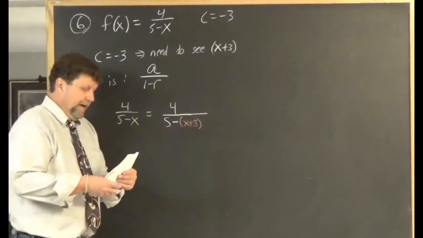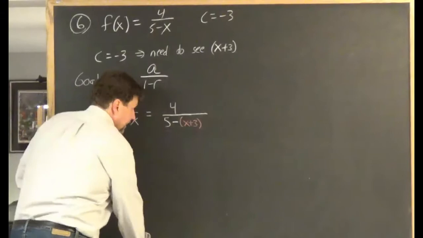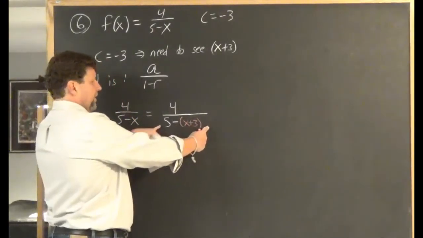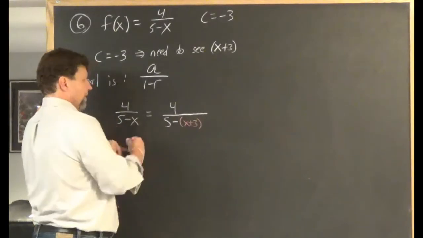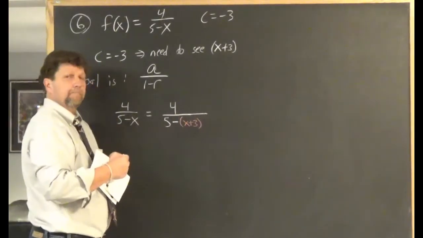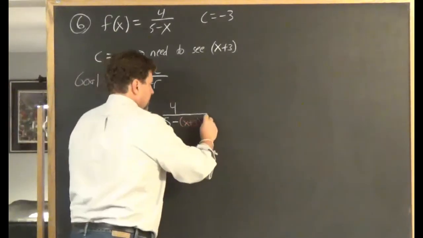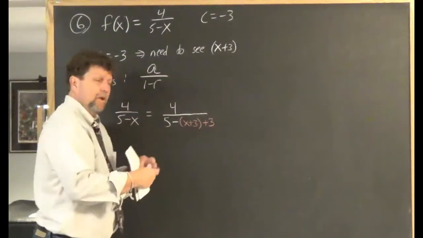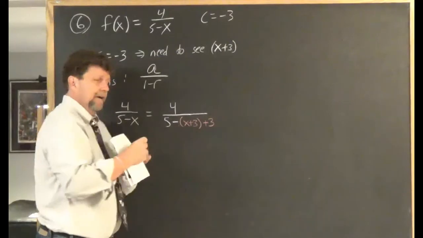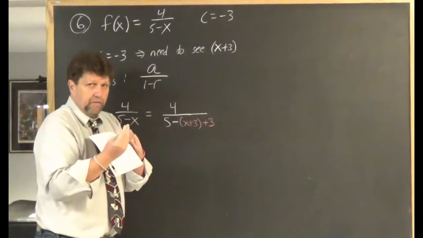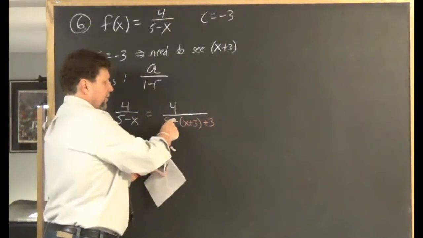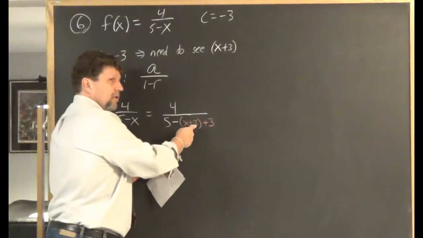So what do I need to put in here to preserve that this denominator is equal to 5 minus x? That's right. I need to put in a plus 3. I mean, think about it. When I insert the x plus 3 inside parentheses into the denominator, and I put the minus sign out in front of it, I'd have a negative x minus 3.